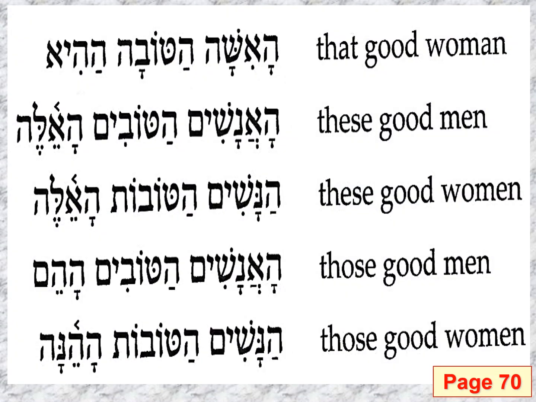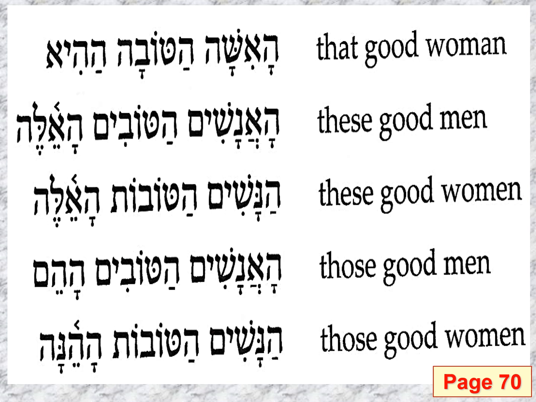On page 70, as we try to not just move right to left, but we got a little Batman slant going on here, we can have adjectives within the sentence. So in the case of the first example, ha'isha hatova hahi.